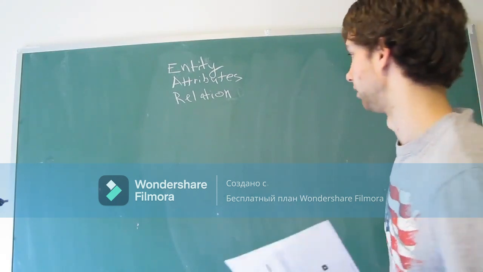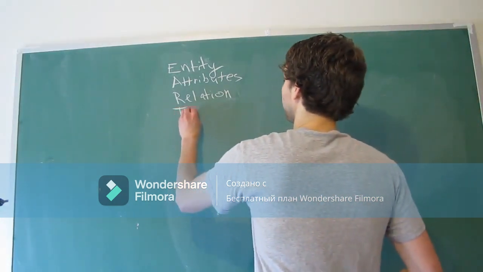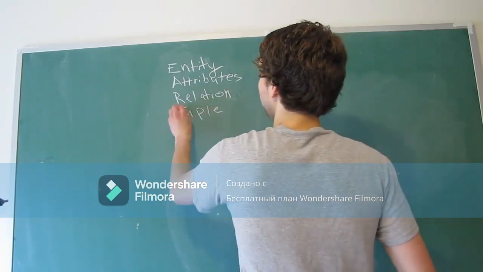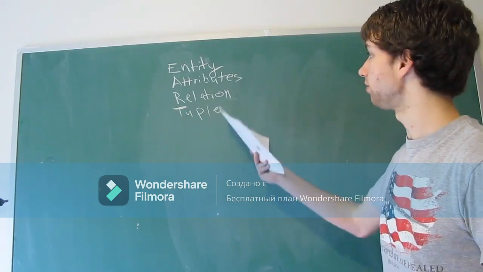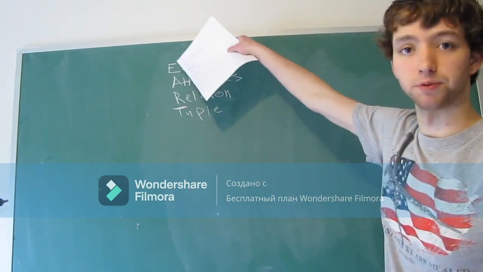Next term is a tuple, however you want to pronounce that too. I'm just winging it here. That's another thing for a row. It's all of the attributes about a specific entity.